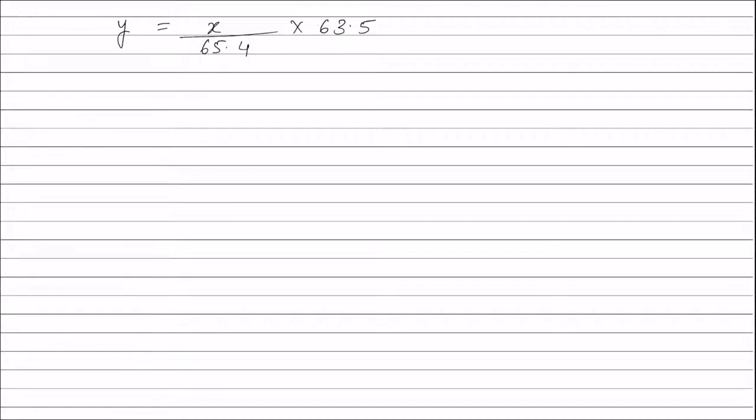Now, according to the question, the weight of zinc left, that is 10 minus x grams, plus the weight of copper formed, that is x divided by 65.4 into 63.5, is equal to 9.810 grams. Solving this equation, the value of x is equal to 6.54 grams.